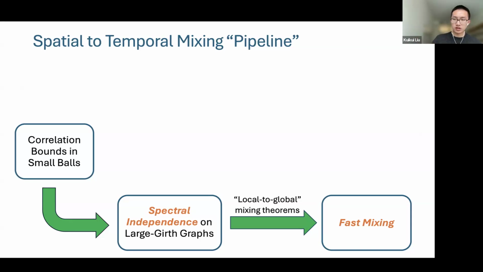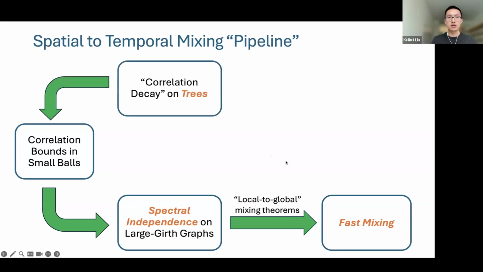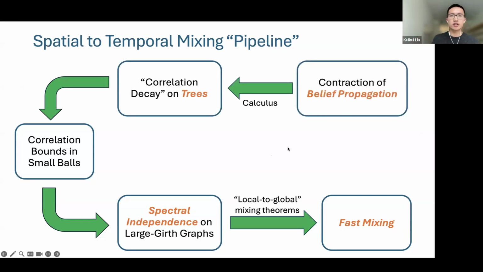This is particularly nice because small balls around a vertex are going to be trees, because we assume the graph has sufficiently large girth. Now, within these small balls, we will apply correlation decay on trees. And this correlation decay on trees is obtained by using something called contraction of leaf propagation. But I'm not going to get into that arrow in this talk.